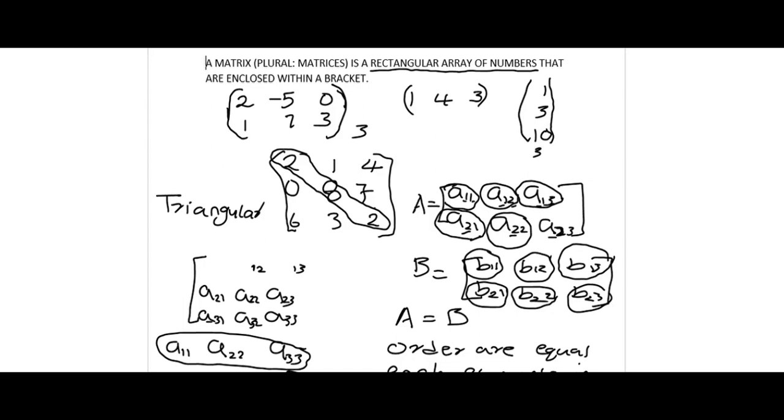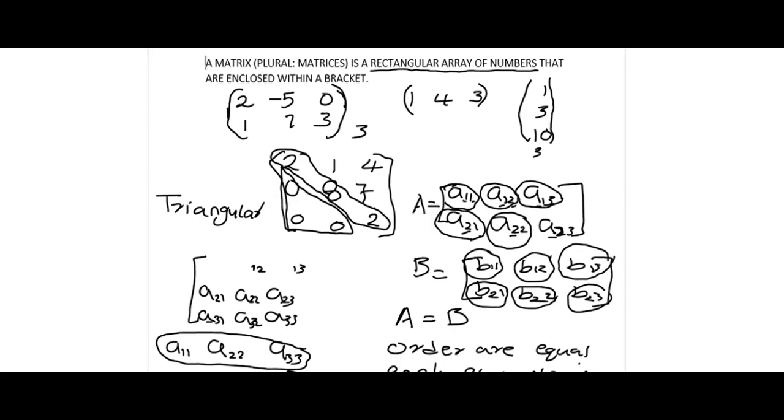So I'm going to have this, a triangle. Okay, it means every other thing here is going to be 0. So when we have zeros occupying each of these positions, of course, that's a triangular matrix.